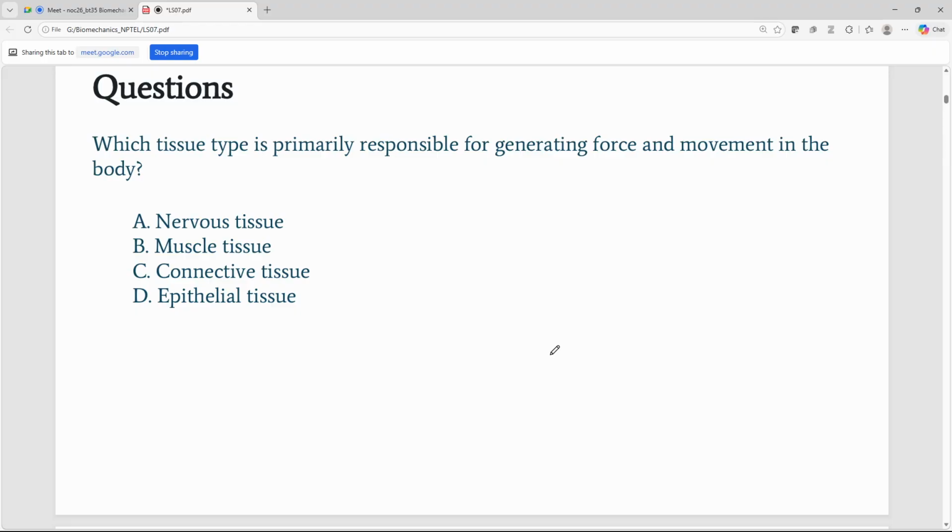First question: Which tissue type is primarily responsible for generating force and movement in the body? Options are: option A, nervous tissue; option B, muscle tissue; option C, connective tissue; option D, epithelial tissue.